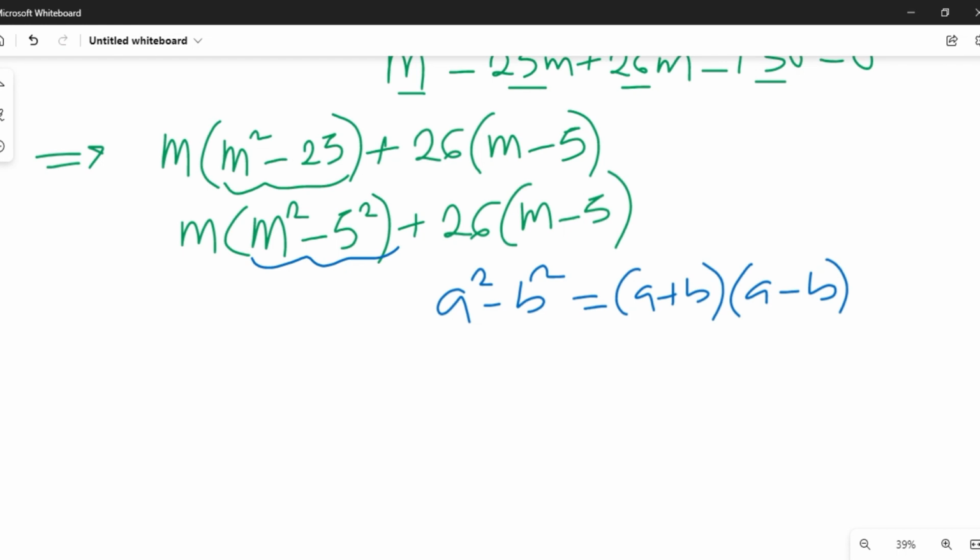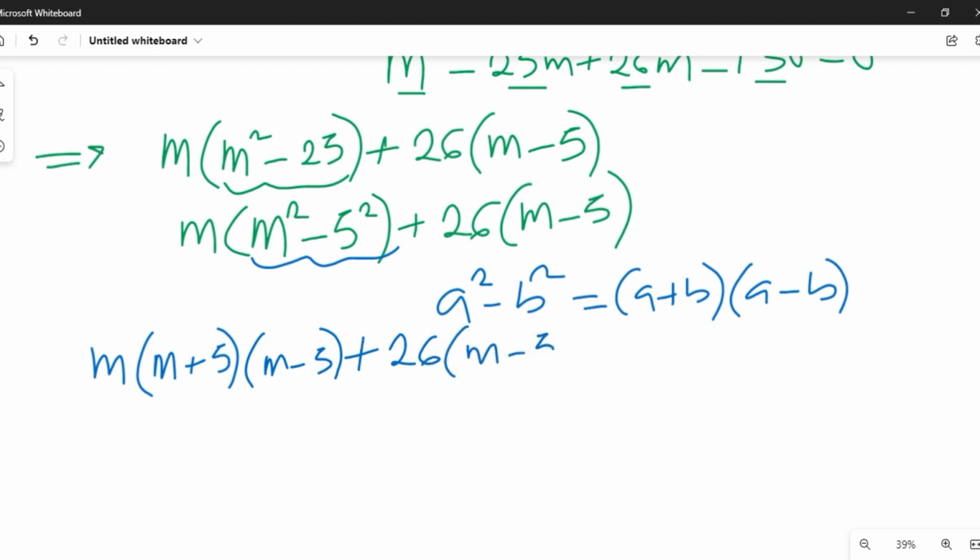If we apply that, we are going to have m into bracket m plus 5, because our a is equal to m and our b is equal to 5, multiplied by m minus 5, plus 26 into bracket m minus 5. All of this is equal to 0.